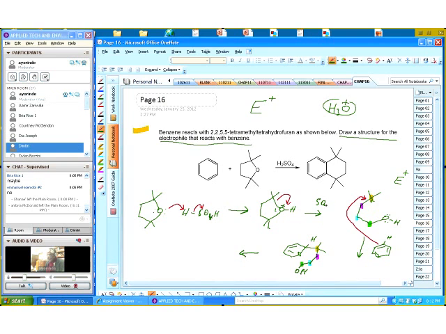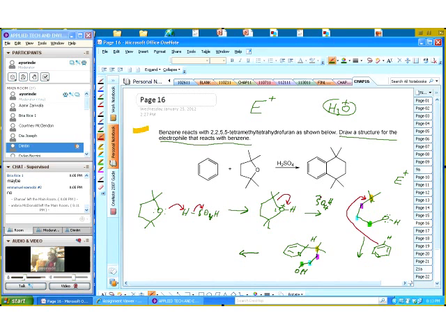I'm sorry, this should be HSO4. H2SO4, one hydrogen. It is negatively charged because we put away a proton, and we therefore have this here negatively charged right here.